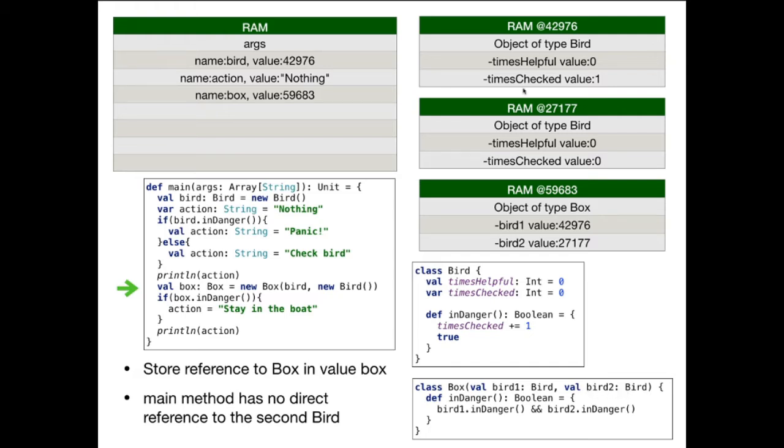So once I create that object of type box, that's what these variables end up being called. Same with the birds, times helpful and times checked. That's what those variables ended up being called, just because that's what they're named in the class when I define the class. Just like in the lecture question, when it's going to take in its constructor a valuable named item.